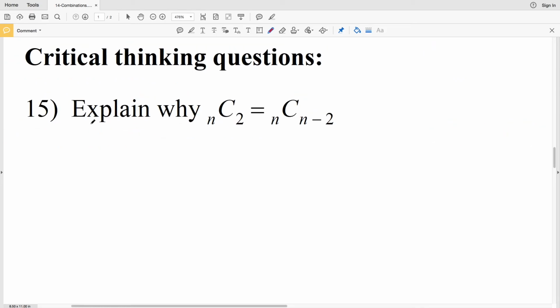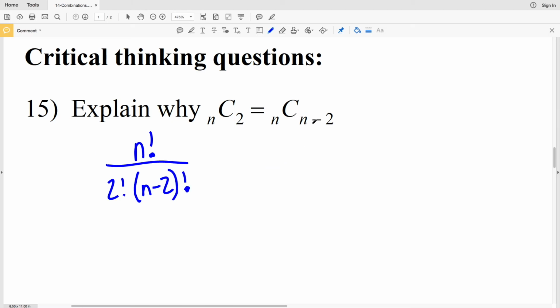For number 15, we have a critical thinking question. It says to explain why n choose 2 is equal to n choose n minus 2. Well, if we look, n choose 2 is n factorial over 2 factorial times n minus 2 factorial.